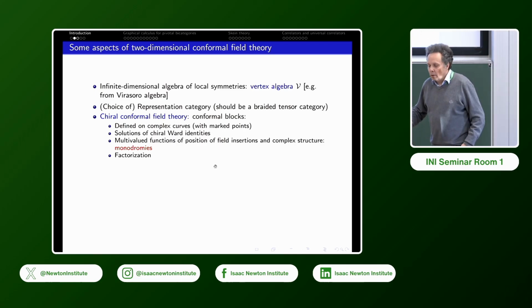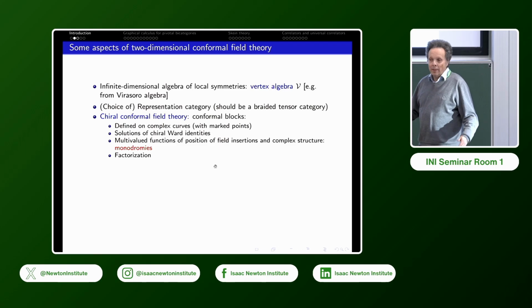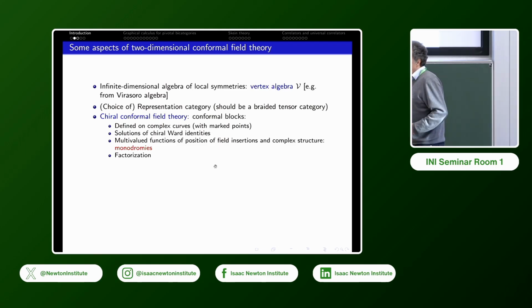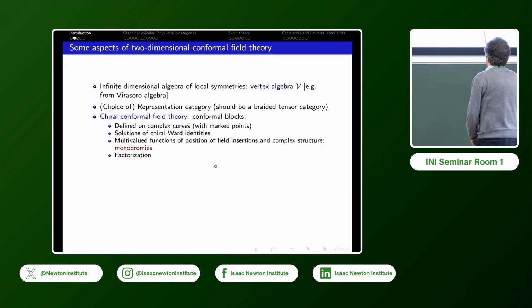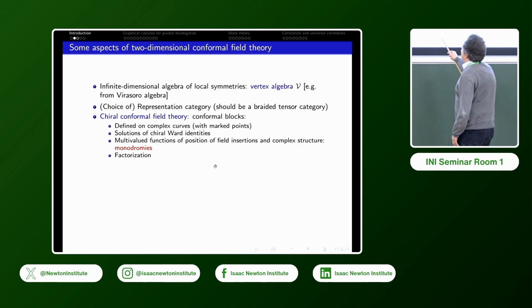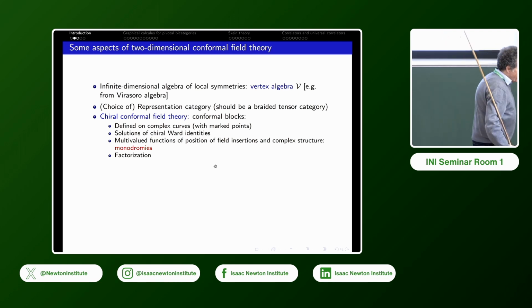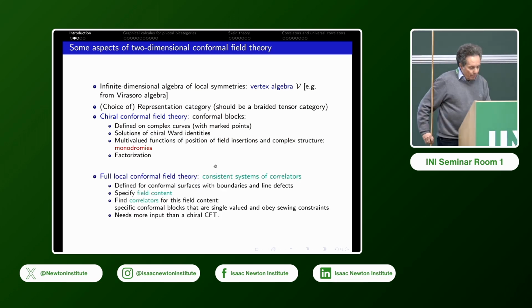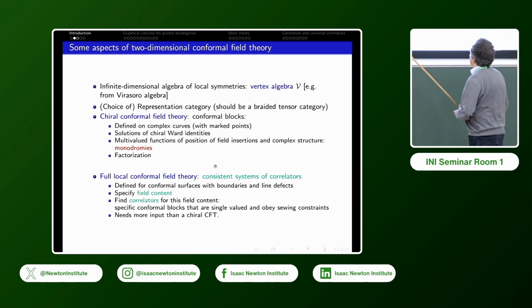And we cannot even parameterize the moduli space of complex structures for a curve of genus 274. So computing functions is not feasible anyhow in general. So we have to keep these monodromies, and conformal blocks obey factorization. And there is a mathematical tool which captures these monodromies, and that will be modular functors.